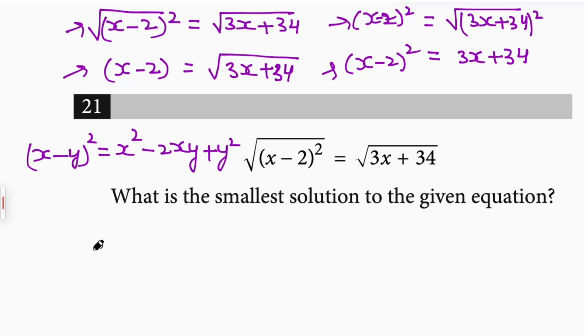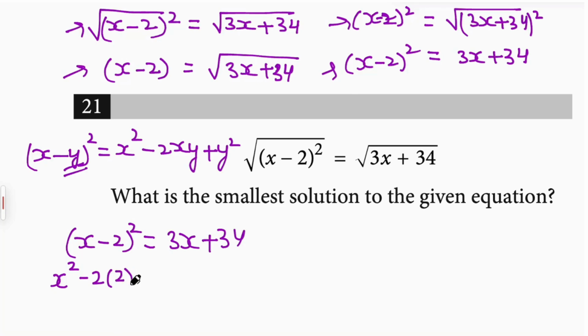So I'm just coming here. x minus 2 whole squared is equal to 3x plus 34. Let's replace every y with 2 to solve this. That is x squared minus 2 times x times 2 plus 2 squared is equal to 3x plus 34.